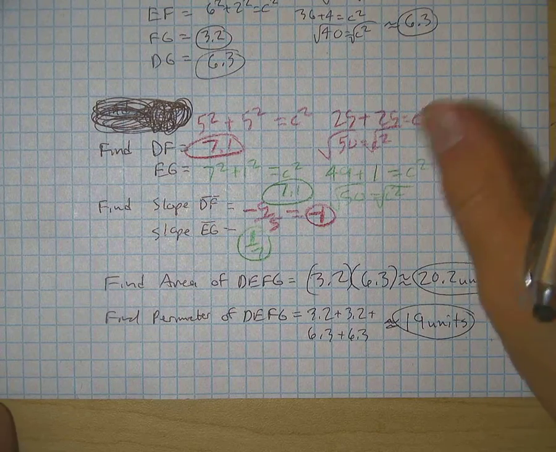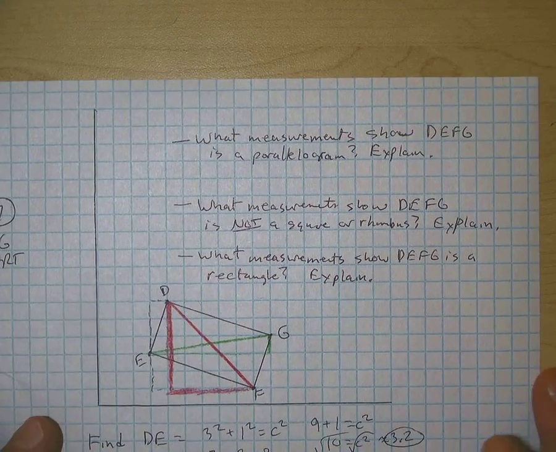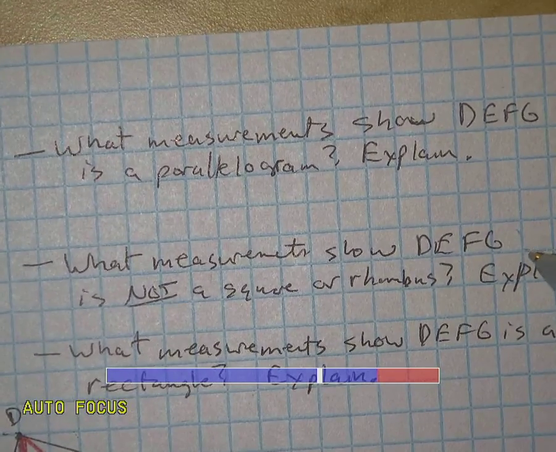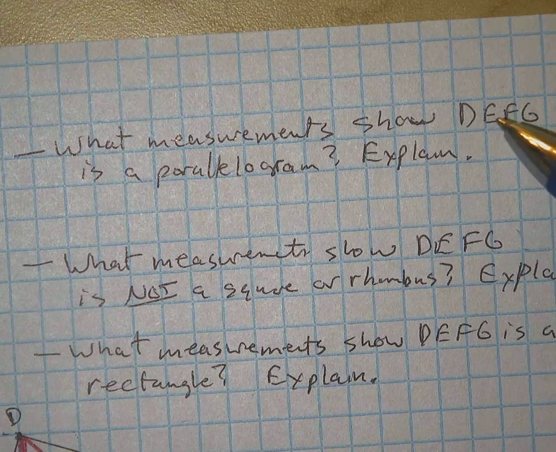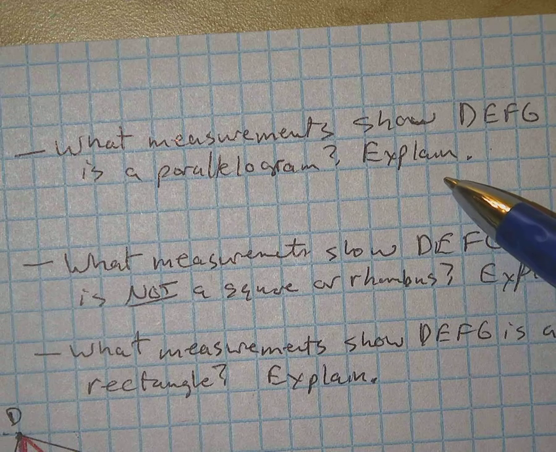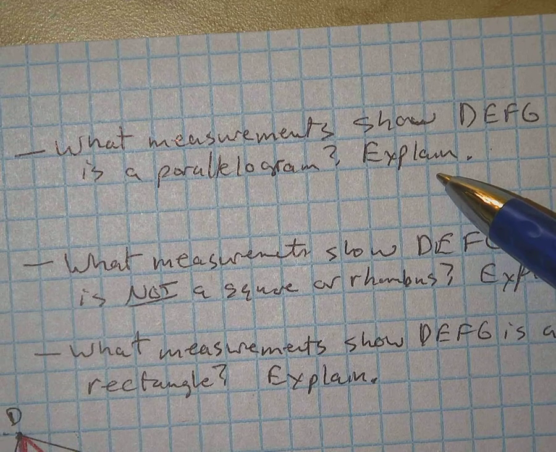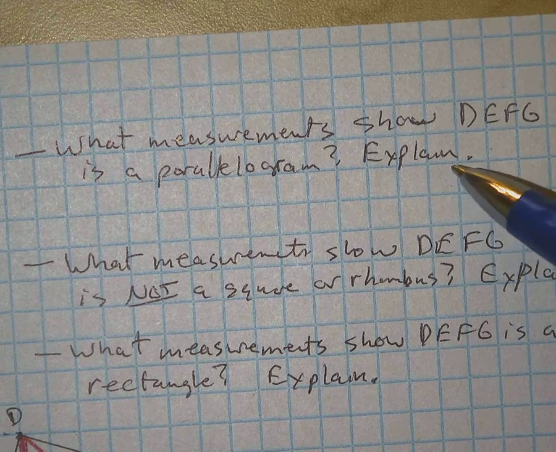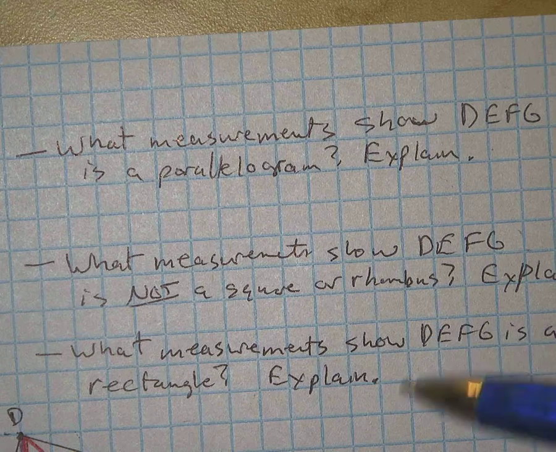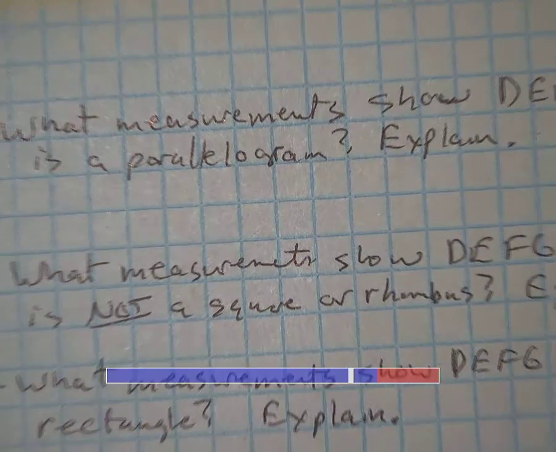Now, we have some very important questions up here that are word questions. So let's look carefully at this one. It says, what measurements show DEFG is a parallelogram? Explain. Well, I know that opposite sides in a parallelogram are congruent.